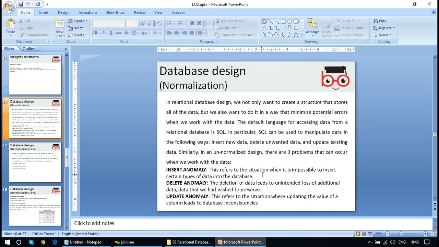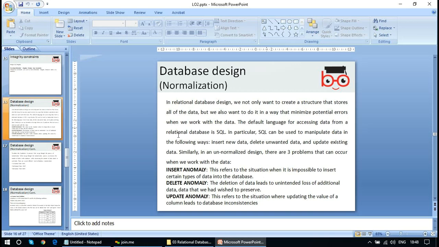So the database developers, designers or architects thought that there would definitely be certain problems in database creation, and they have listed those problems in advance, which can occur in any way.